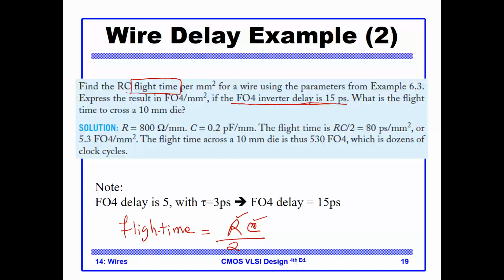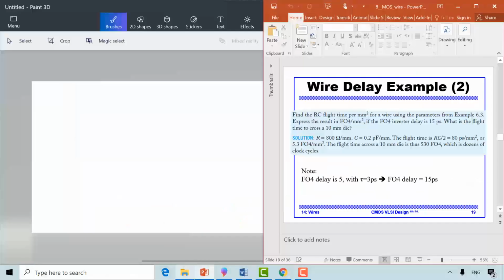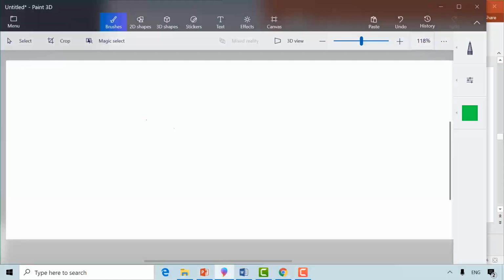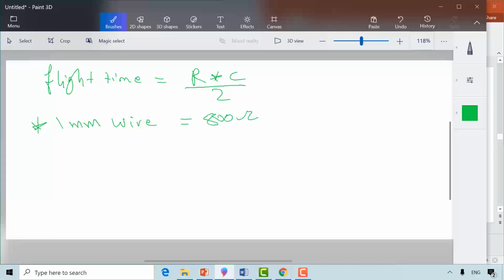Then let's compute the flight time of a 10 millimeter wire. So the flight time equals R times C over 2. For a 1 millimeter wire, the resistance is 800 ohms times 0.2 picofarad divided by 2.